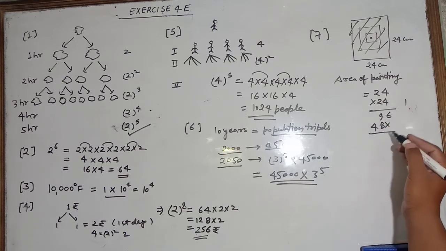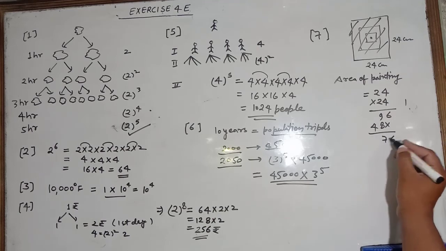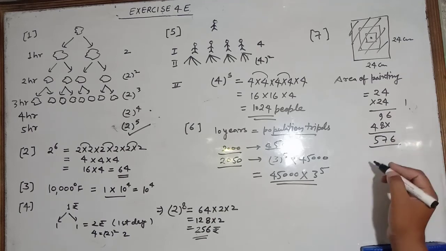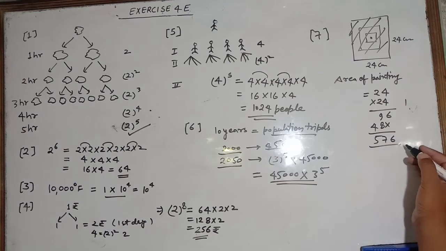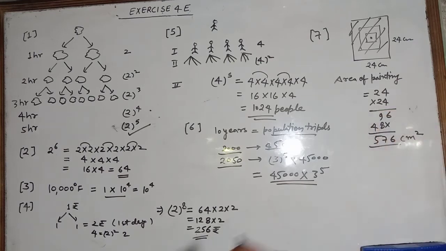So it will be equal to 576. So the area of the painting will be 576 centimeter square. This will be our answer. In the same way you can do the remaining part. Question numbers 8, 9 and 10 I am doing here.